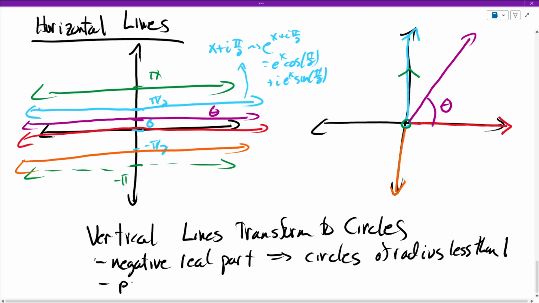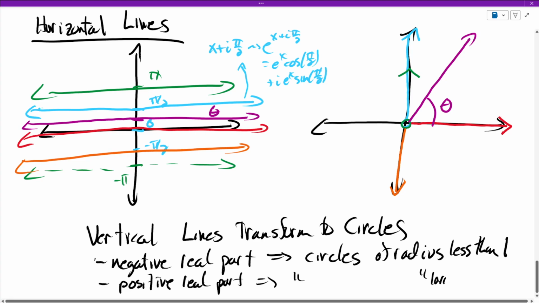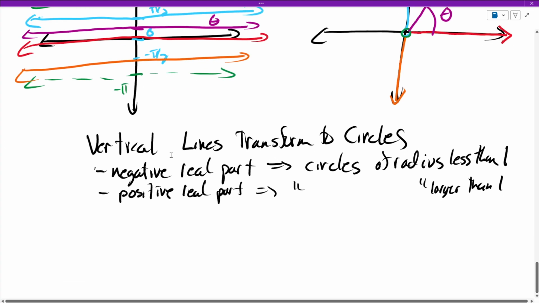And the positive real part guys get sent to circles of radius larger than 1. And they get bigger and bigger depending on how far you go out. And in general, the radius is going to be e to the real part. We saw.